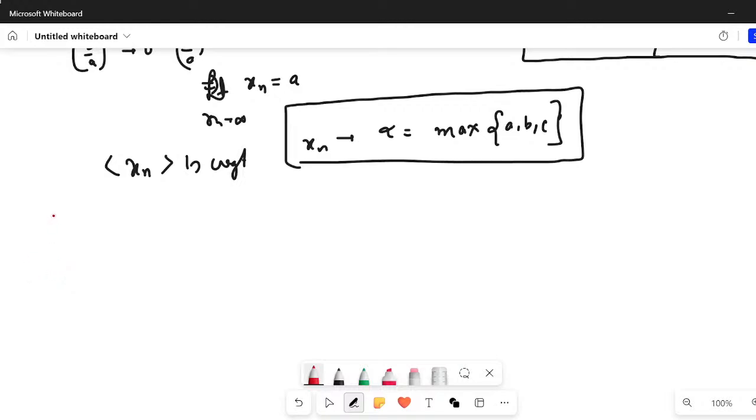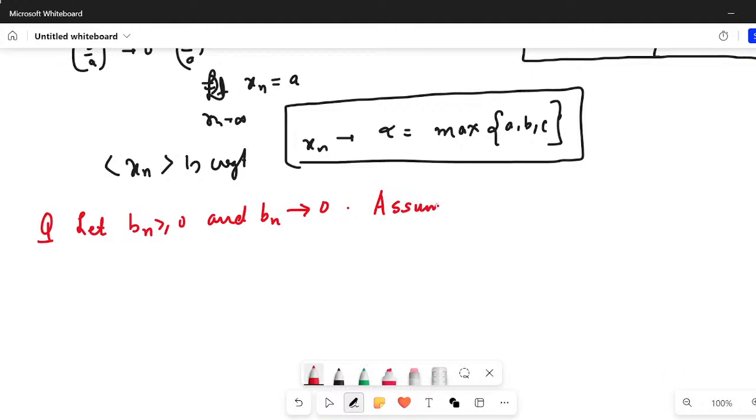So let bn be greater than or equal to 0 and bn converges to 0.